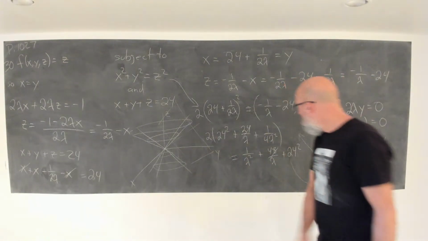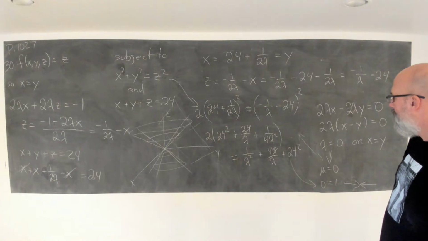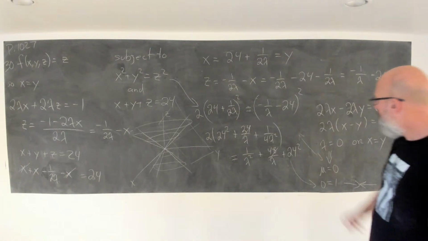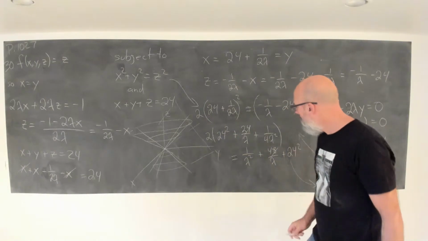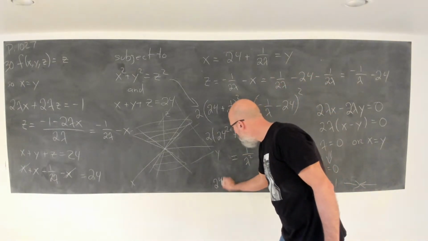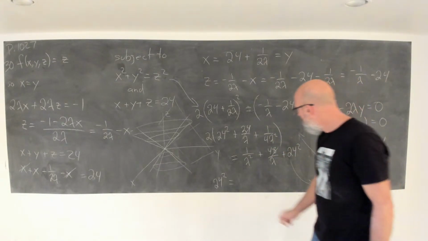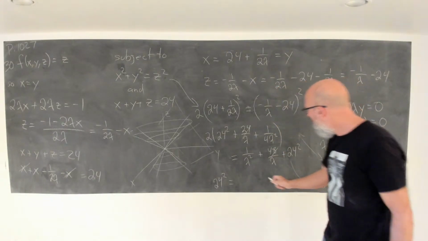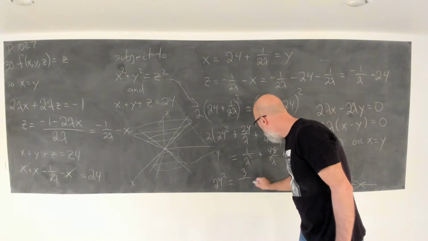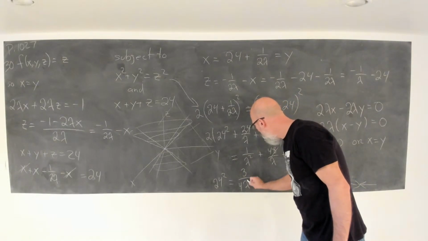These cancel out nicely. If you bring this to the other side, we get 24 squared. And bring this to the other side, you get 3 over 4 lambda squared.